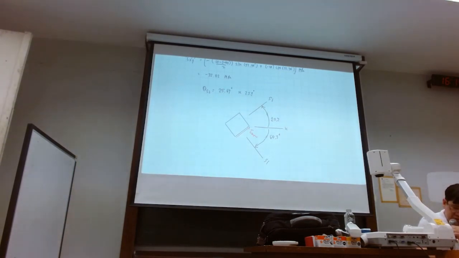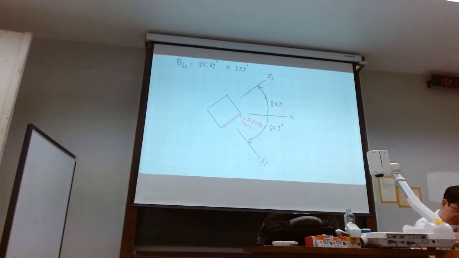This is 32 MPa. And this is going to be tau minimum, also 32.02 MPa.